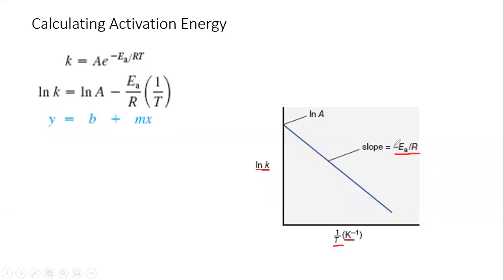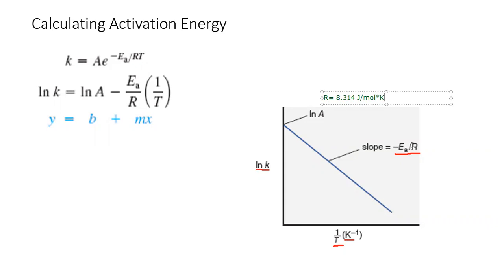Then the slope you get is equal to negative Ea over R. And R here is the 8.314 gas constant. So if we know R and we know the slope, we can calculate the activation energy.